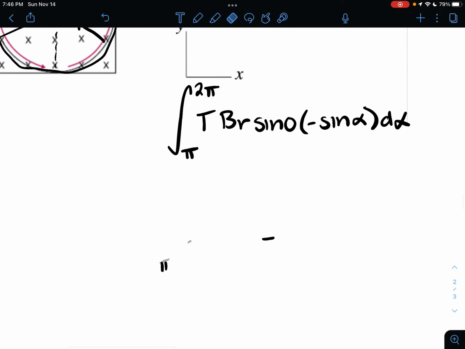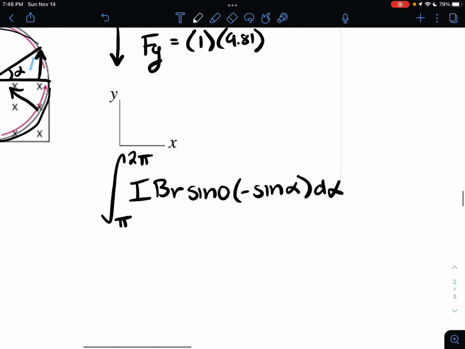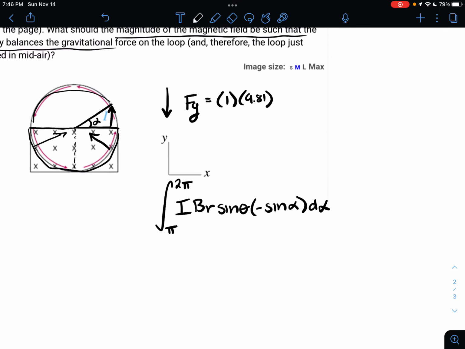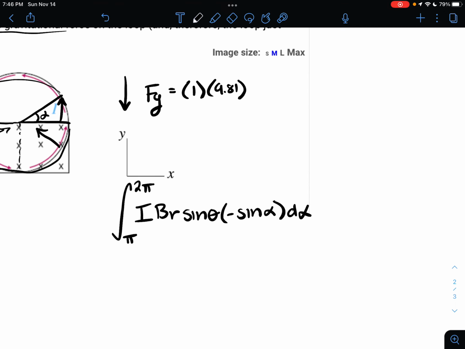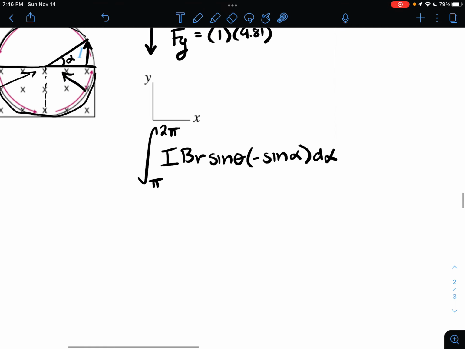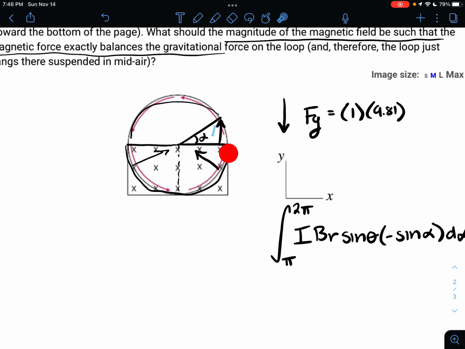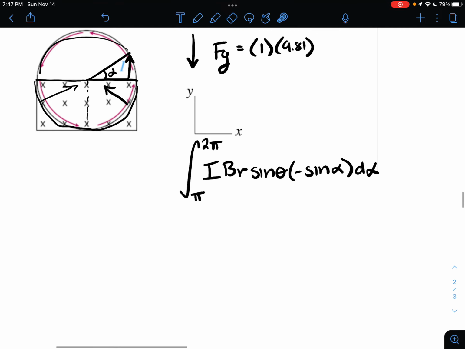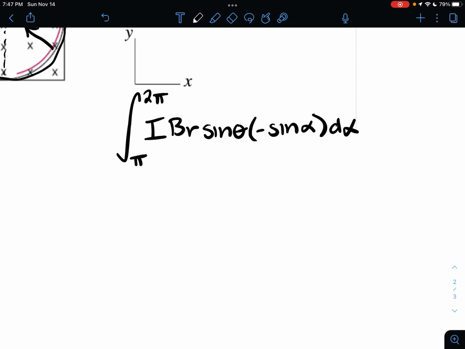All right, so now I'm going to start plugging in my numbers. The angle theta between our current, which is parallel to the page, and the magnetic field, which is going into the page, is going to be 90 degrees. Sine of 90 is just 1, so that just disappears.